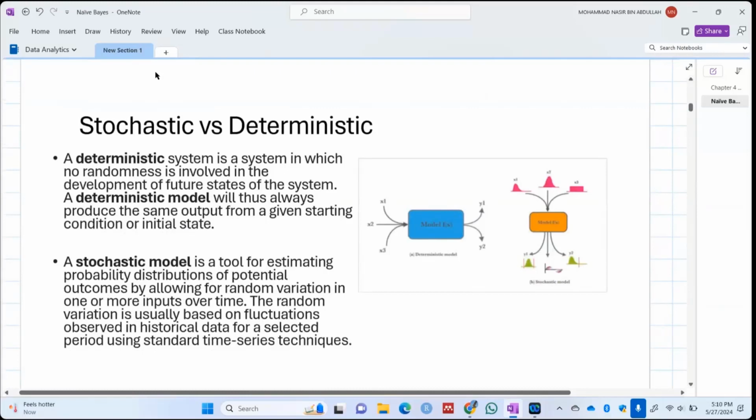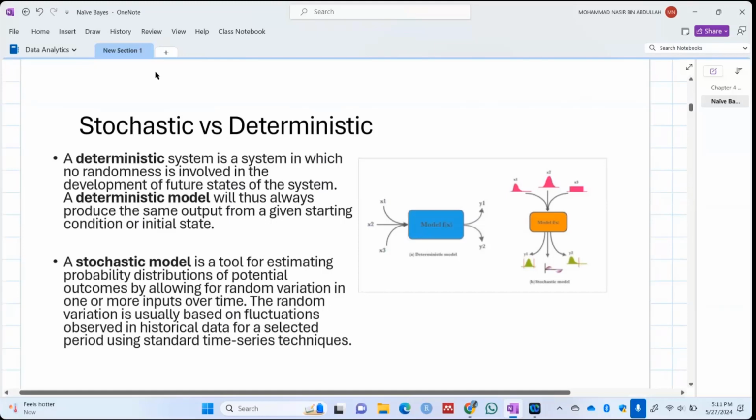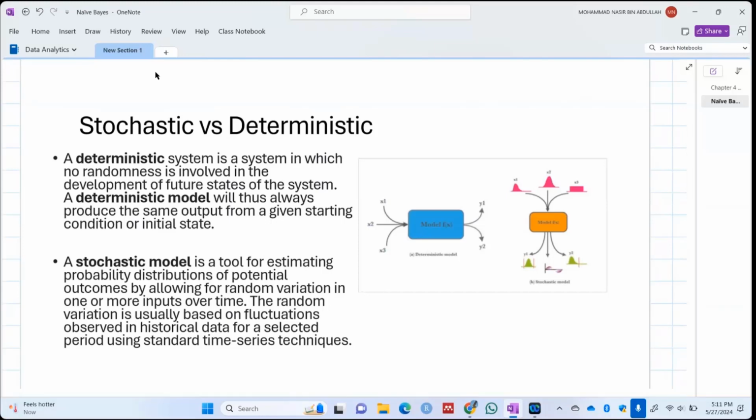A deterministic model means a system with no randomness: when we input the data, the output will be the same based on the input data. No randomness involved means you run the model without splitting the data into training and testing sets. A stochastic model means randomness is involved: we split the data between testing and training sets to get the output, and every time we split the data, the output might be different.